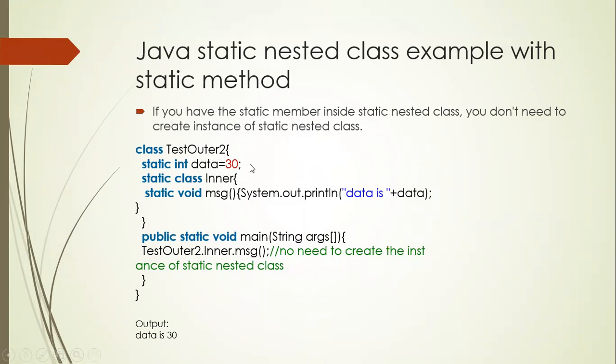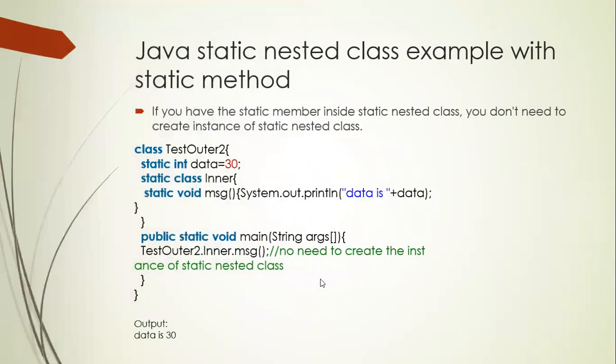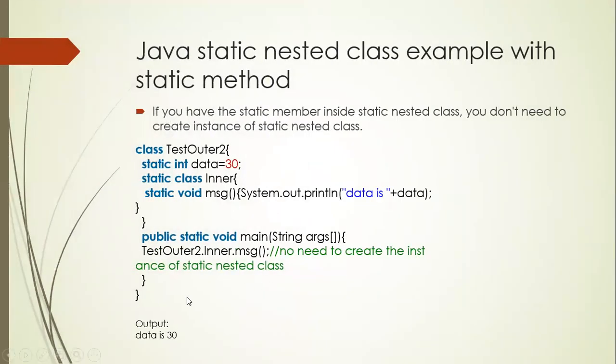We have one data member that is static, one static inner class, and a static message method. This time I have not created any object, no need of creating an instance of the static nested class. I'm directly calling it. In the earlier case, I created an object to call the inner class, but in this case, I have not.